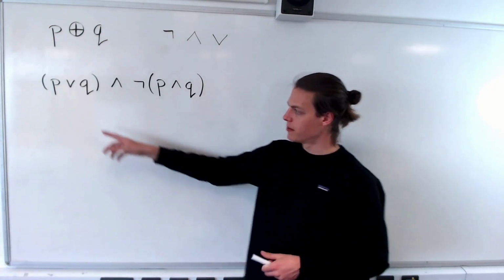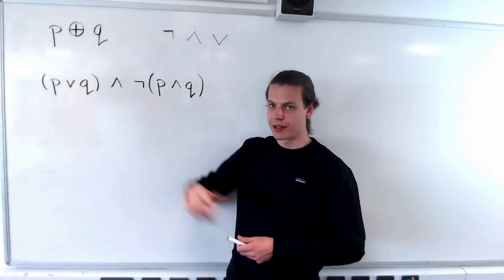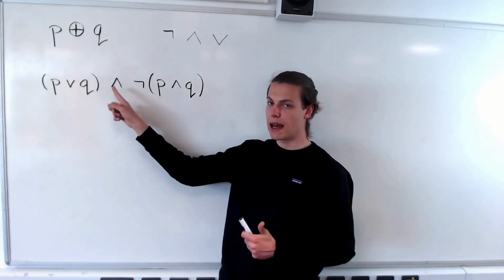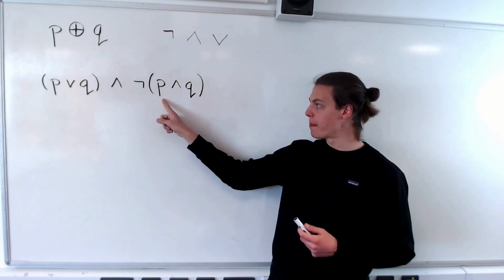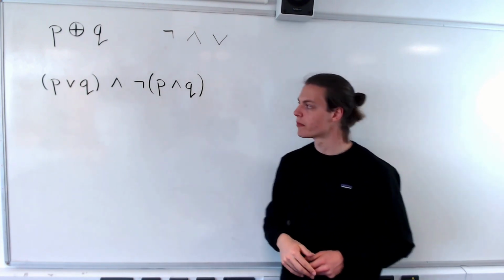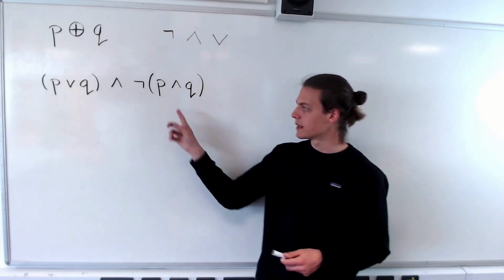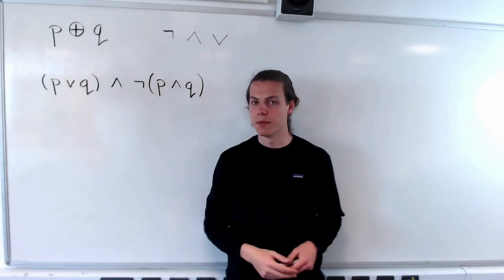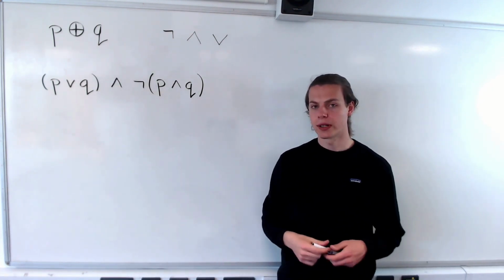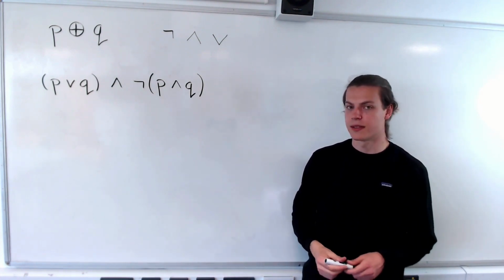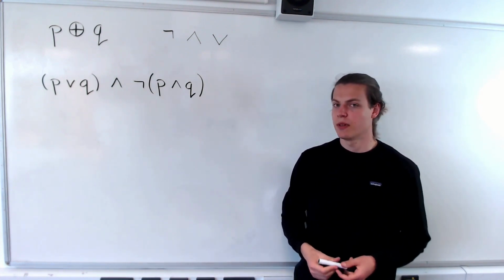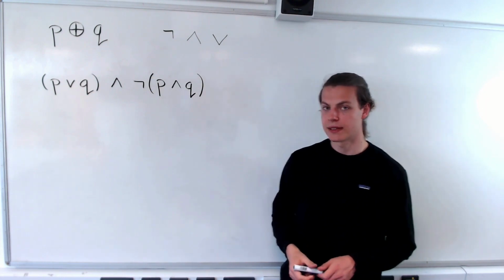So this says that either P or Q is true, and it is not the case that both P and Q are true. And this is exactly equivalent to P exclusive OR Q. Now it's certainly not the only way to write this. For example, consider this statement.